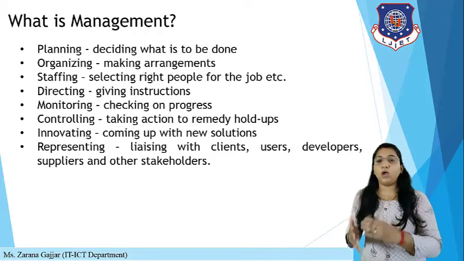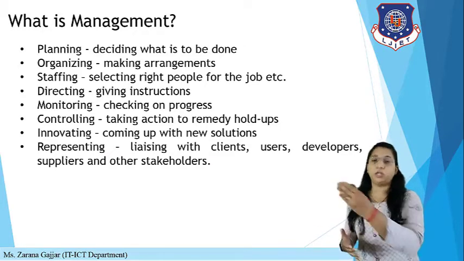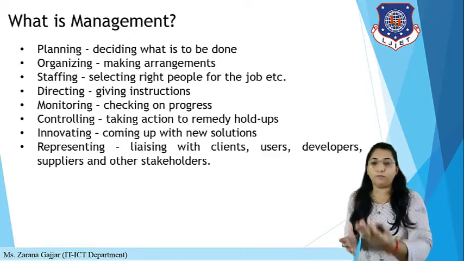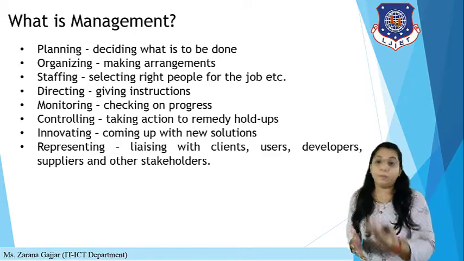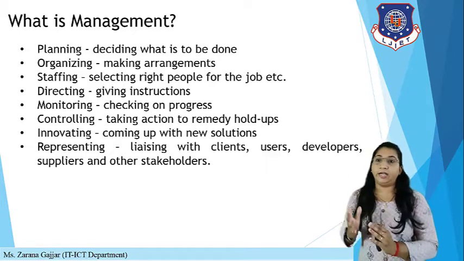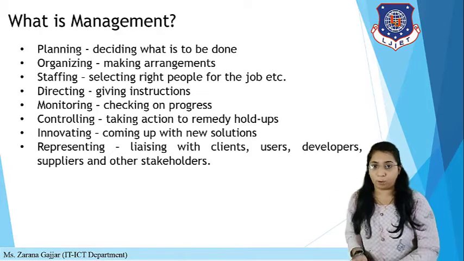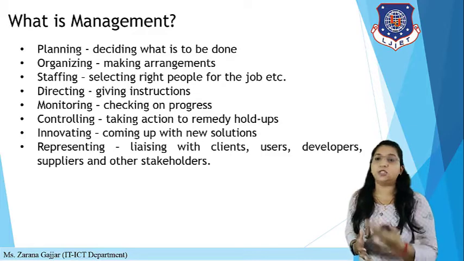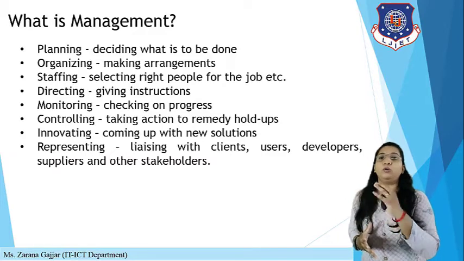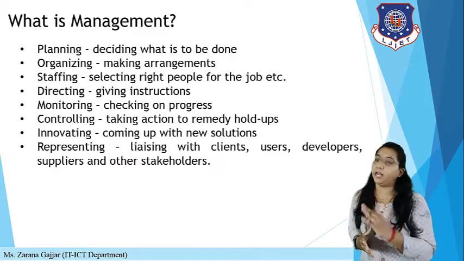Then directing: you have to give instructions to the team members on how to develop this particular software and what the flow will be. Then monitoring means you have to check the actual progress. If you have given any task to any person, you have to monitor each and everything about their progress.